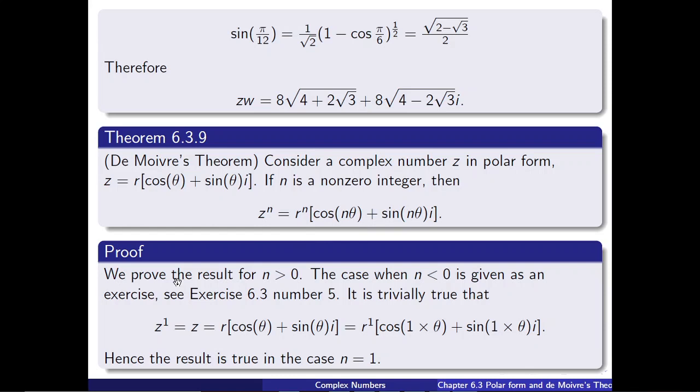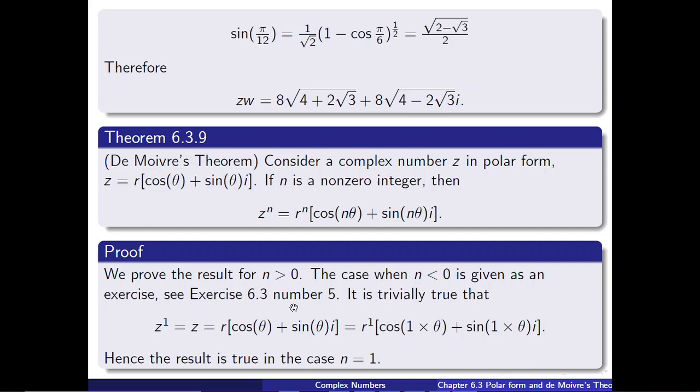So we prove the result for n greater than 0. Then the case when n is less than 0 is given as an exercise, and that is exercise 6.3 number 5. Because we said any non-zero integer, we are going to look at positive integers, and for negative integers, that's an exercise in the textbook.